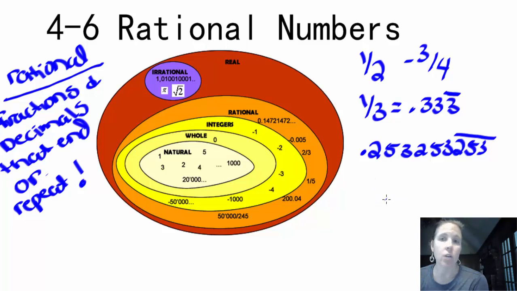Okay, and those can be negative or positive, -0.25. These are all rational numbers. Okay, so your numbers like pi, those are irrational numbers. I'm sorry, I said that wrong. Those would be irrational, but right now we're just dealing with rational. Okay, so make sure and draw that picture the best you can.